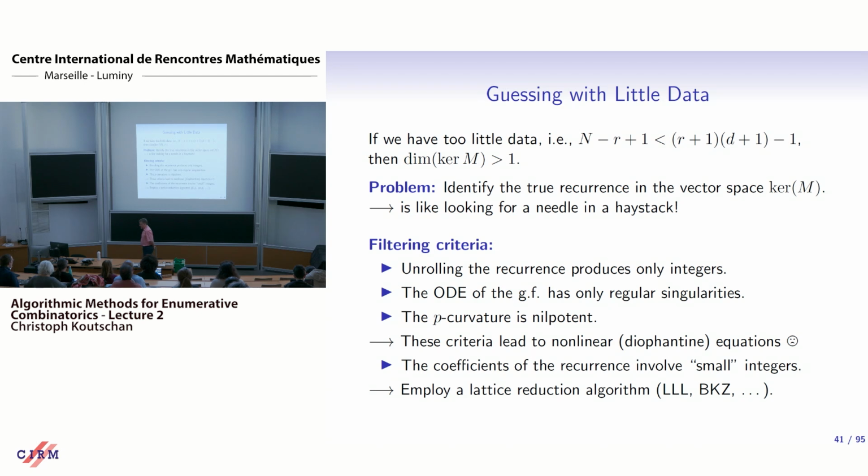In that case, we get a kernel of dimension greater than 1 that contains infinitely many elements that are rubbish and just a single element that is the recurrence that we are looking for. And the question is, how can we possibly identify this interesting element in this kernel?